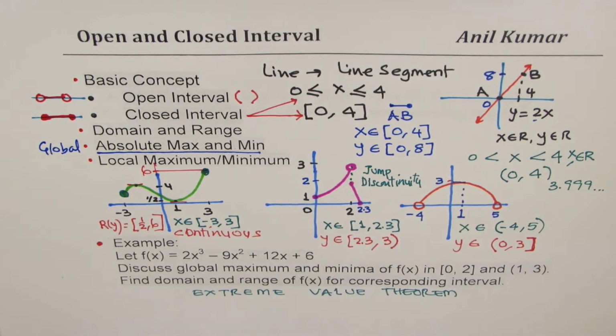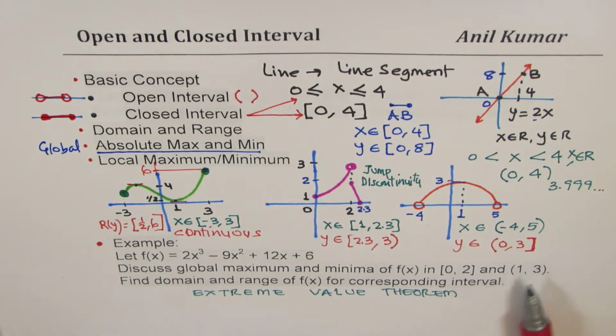Is that okay? I'd like you to pause the video and solve this question. To solve it, you should know derivatives, right? So we use first and second derivatives in this particular case to sketch the graph, find the equation, and then write domain, range, as well as absolute value of maximum and minimum, or local value of maximum and minimum as per our case, correct?